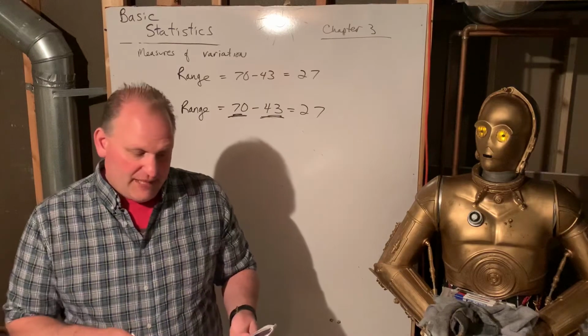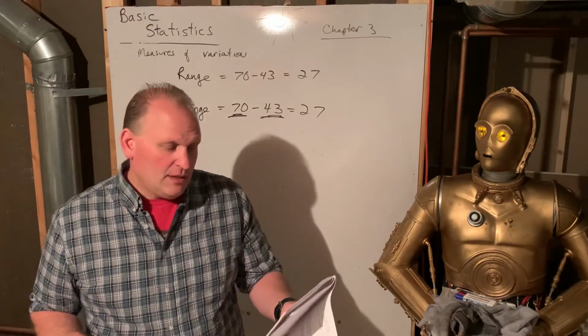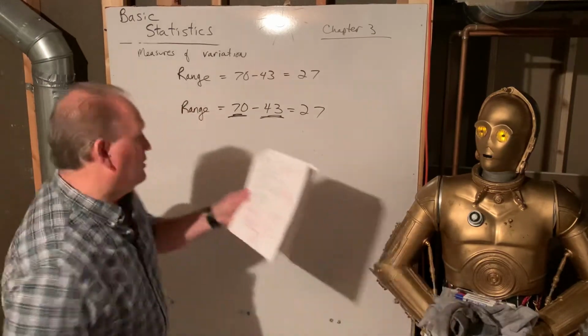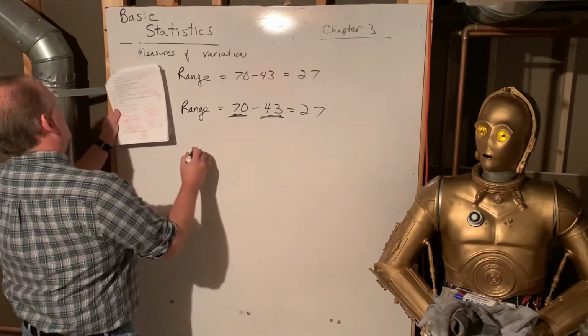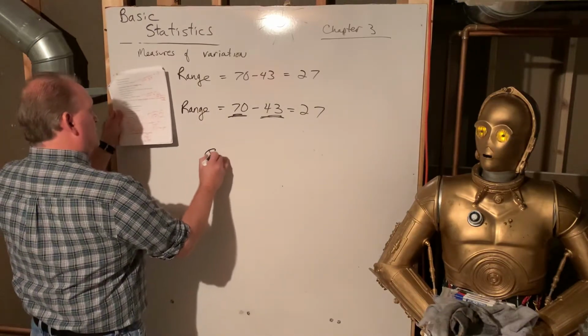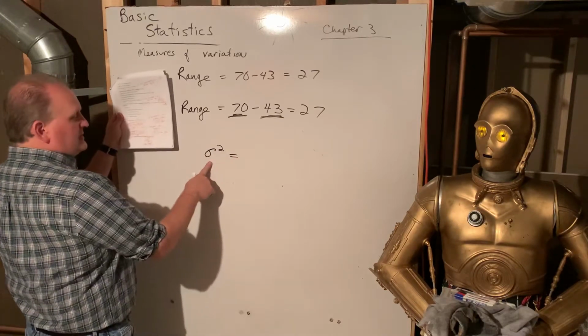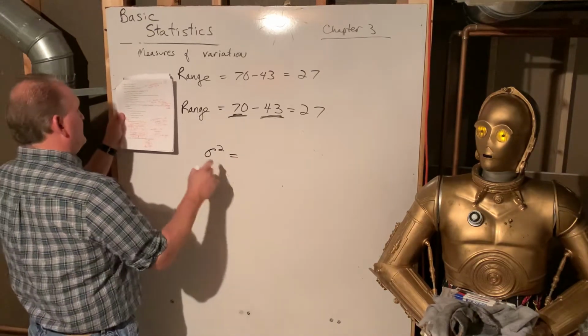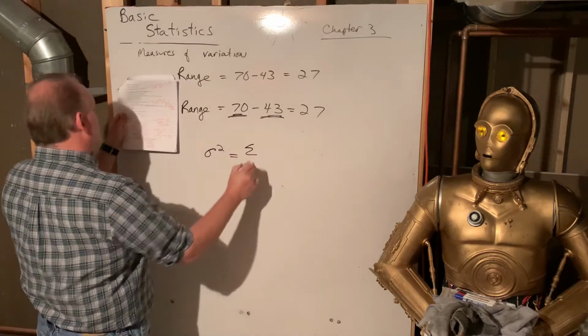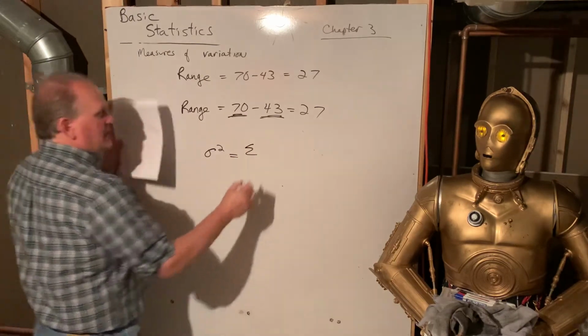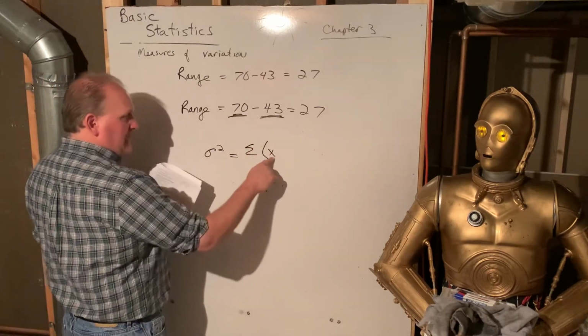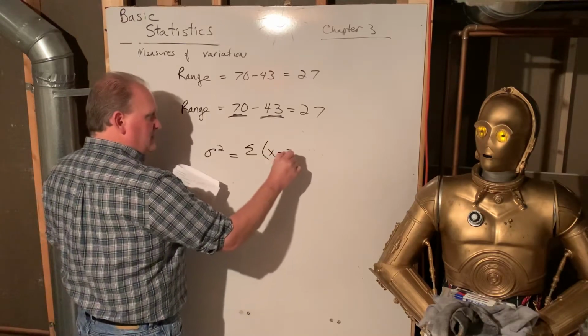And so that becomes an important distinction. So then on page 7 here, it tells you the notation for variance is the standard deviation squared. So if we want the standard deviation, let's take a look at the variance first. The variance is the sum of each value, x, minus the mean.